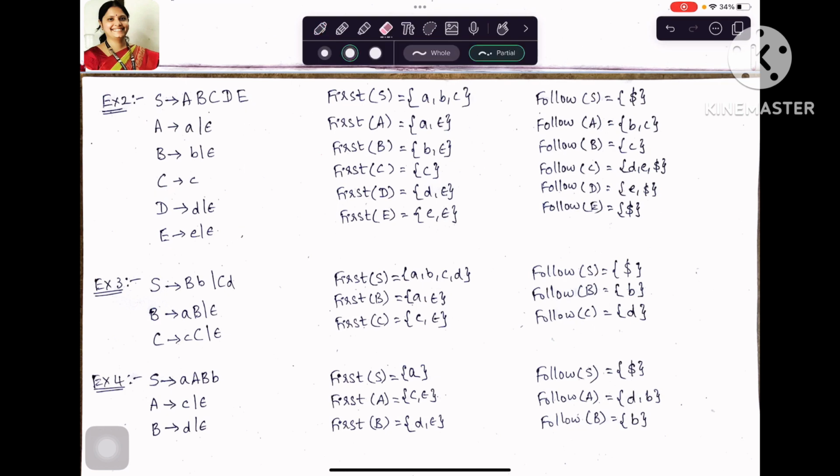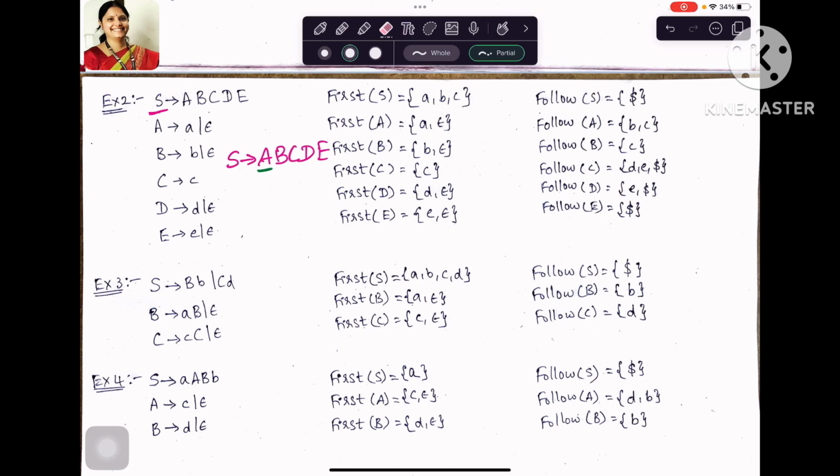Now let us calculate the first of S. In order to calculate the first of S, we have to consider the production S produces A B C D E. So the first of S will become A, as this is the immediate symbol present at the right hand side of the production.